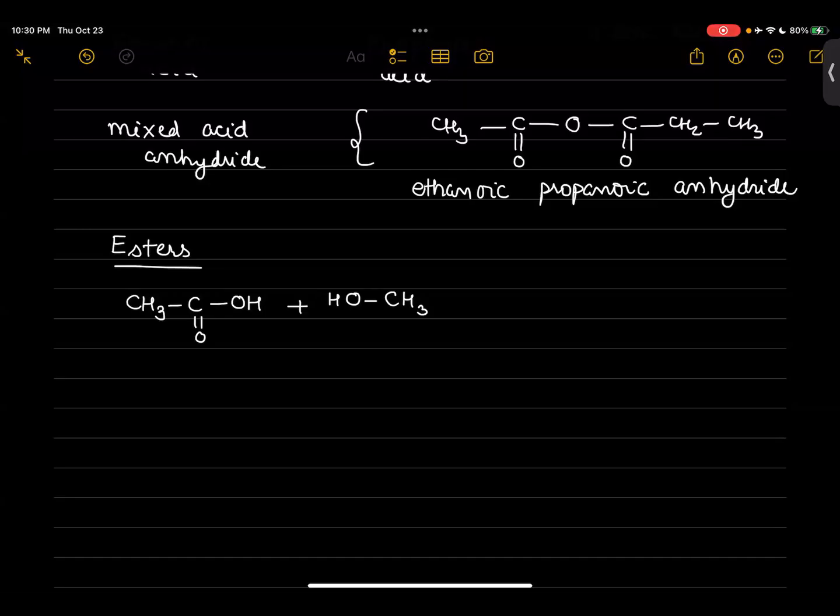Okay. So when carboxylic acids are heated with alcohols, or alcohols heated with carboxylic acid, it also serves as a laboratory test for identification of alcohols and carboxylic acids. Got it? Is it clear? Yes. When you heat them with concentrated H2SO4, water will get removed, OH and H. Okay.